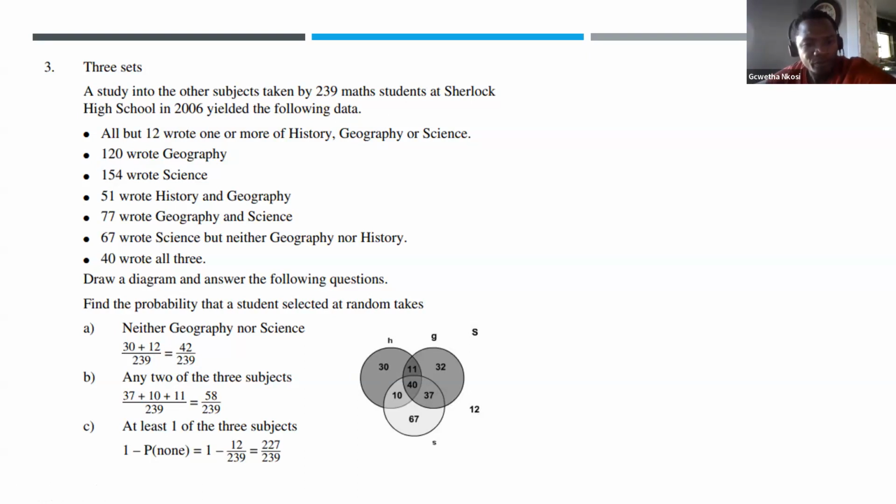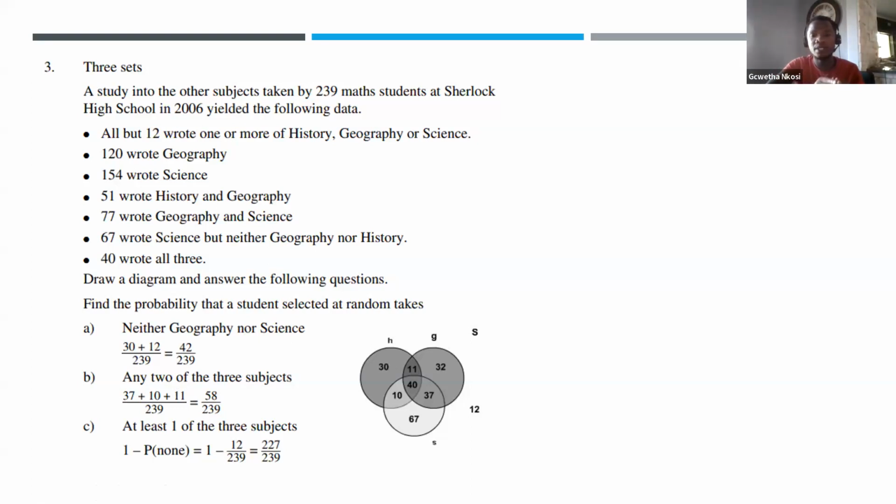So now they are asking you, okay, the student, any two of the three. If any two of the three, remember, you've got students that will take history and geography only.